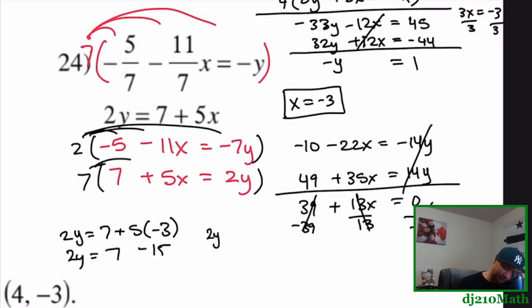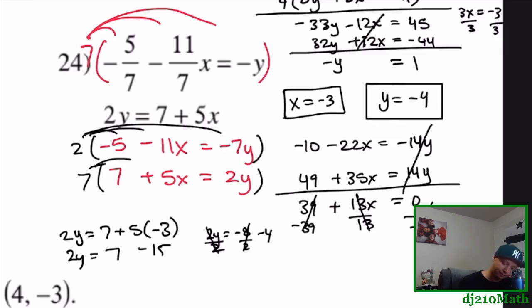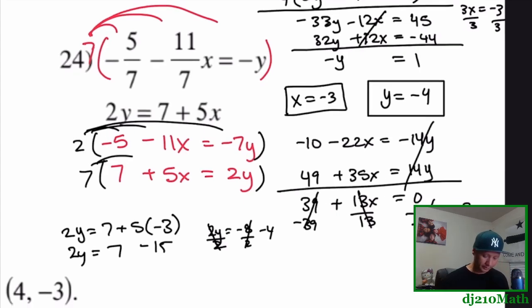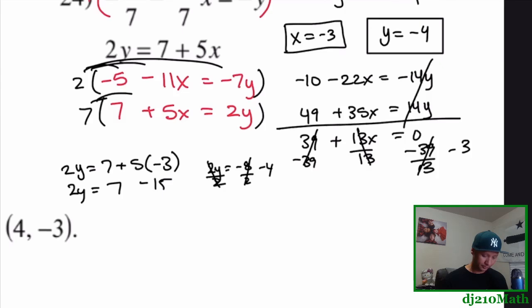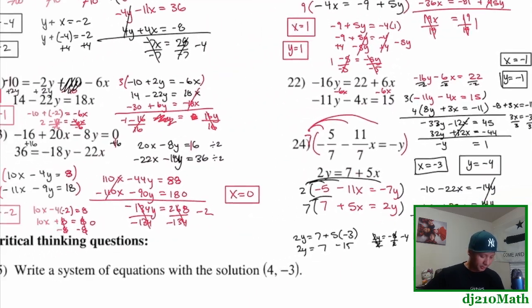So 2y is equal to negative 8. Therefore, y is equal to negative 4. Y is equal to negative 4. All right. Oh, you couldn't even see it. Couldn't see what I was doing. All right, check that out. So that's as far as the calculations go.